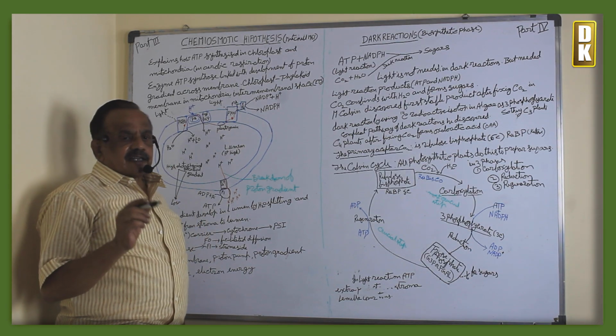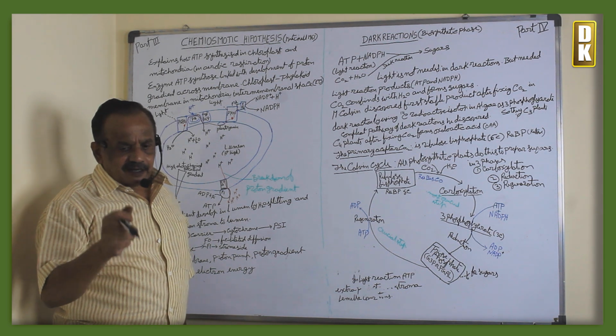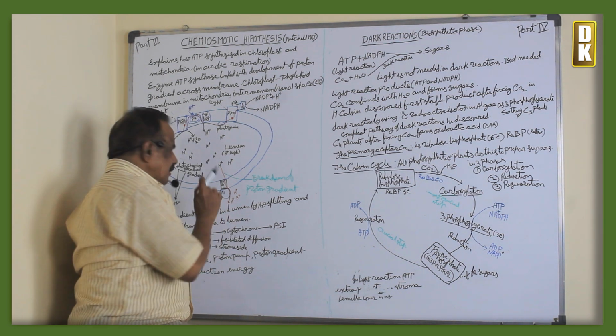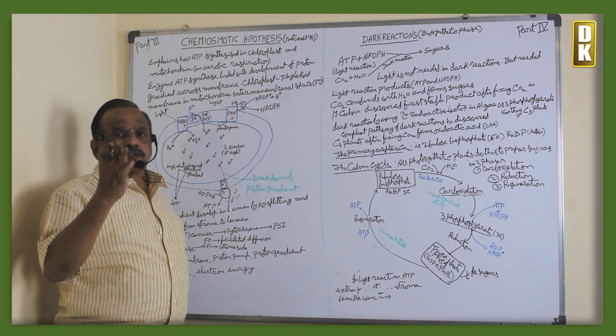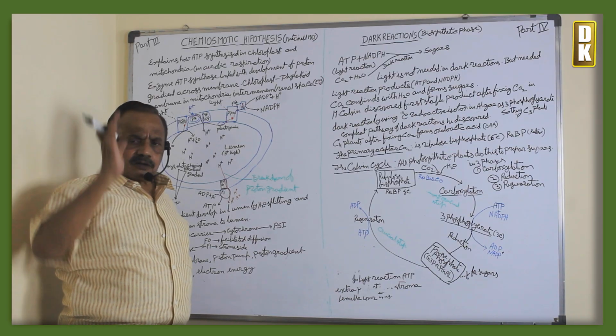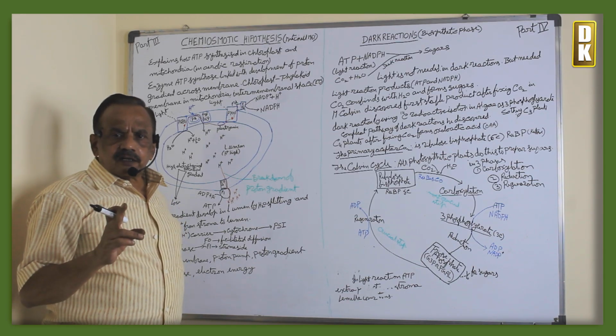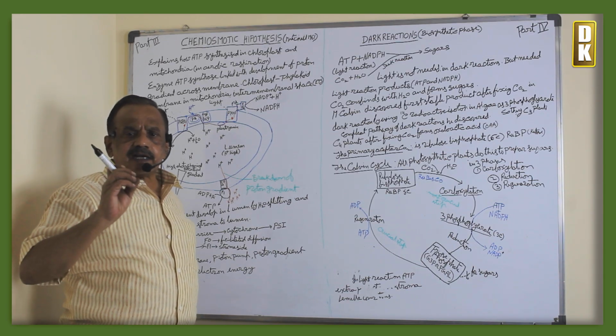Here the thing is, where are the active sites of the enzyme present, he will ask, tell me. Active sites of the enzyme are present on the F1. What is the active site of the enzyme? Go and read the enzymes. In the enzyme, the active site will work with some energy required.